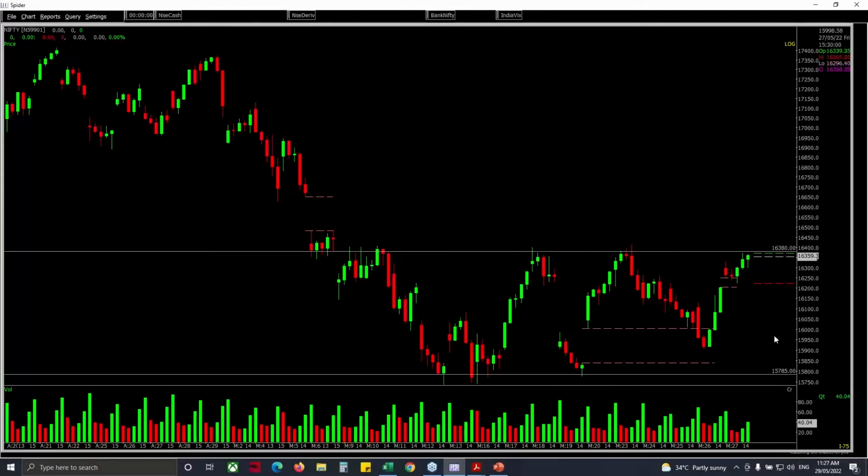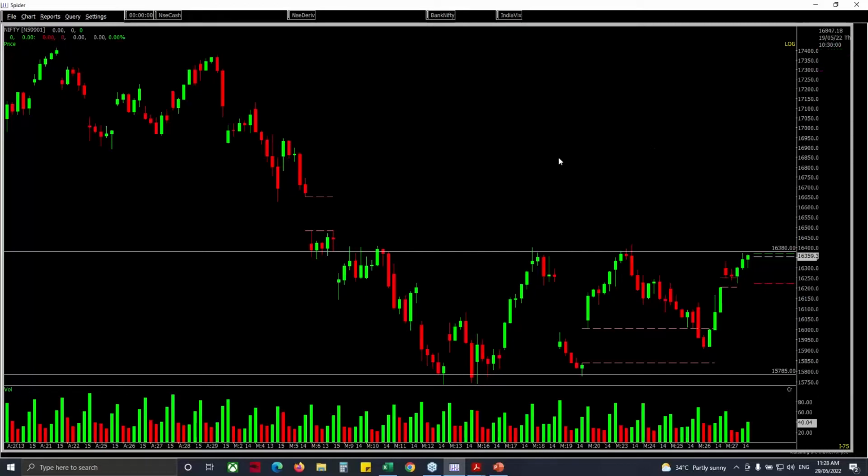So 16,380 minus 780 will give us a target of another 600 points, which will coincide with our level of 17,000, the 16,950 range, as we had seen with our volatility index, India VIX, and with our retracements on weekly charts.